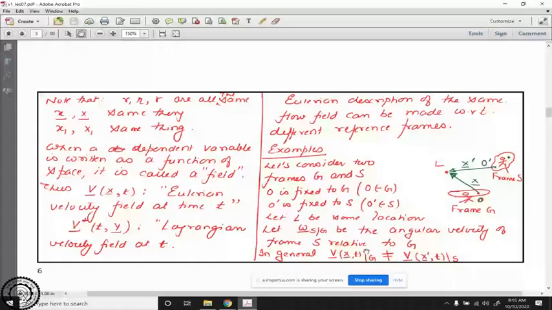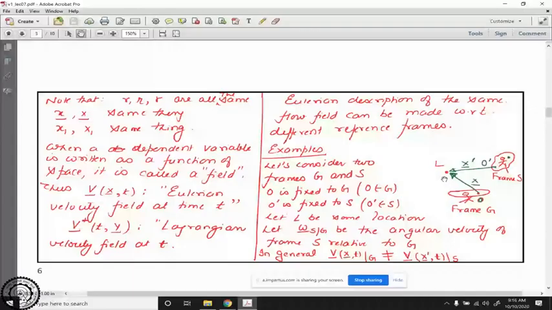So the way I have shown the diagram, pay attention and understand this, that V at x comma t with respect to G and V at x prime comma t with respect to S both represent velocity of the same particle, because that's the way I have chosen.